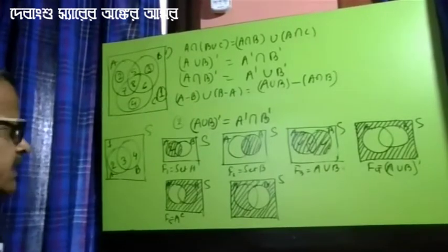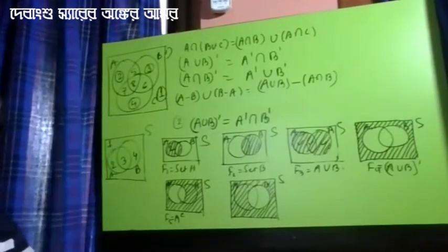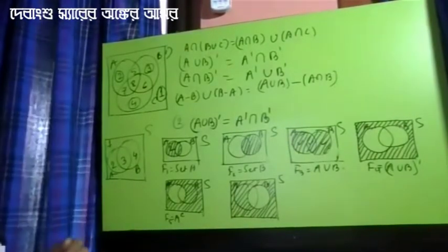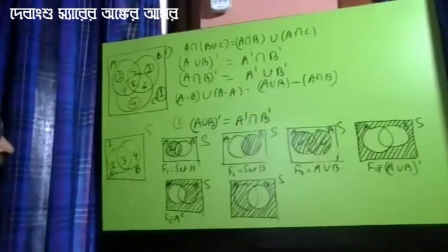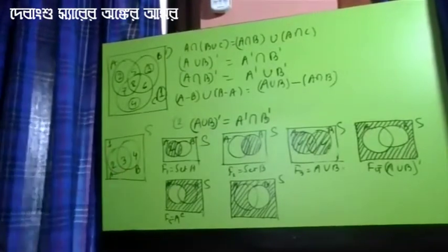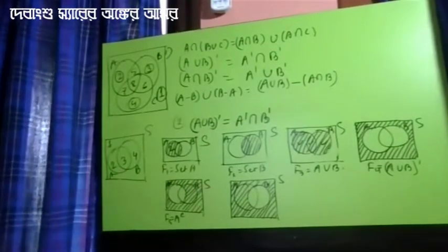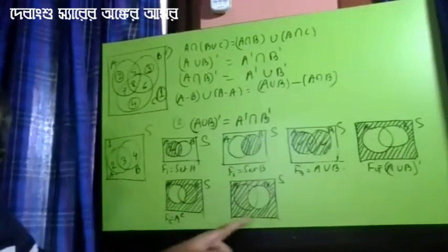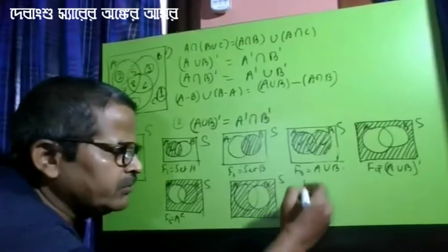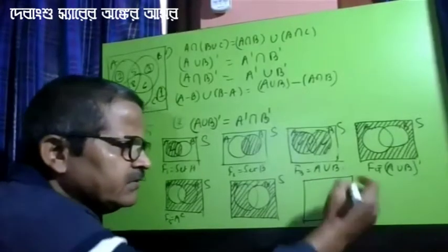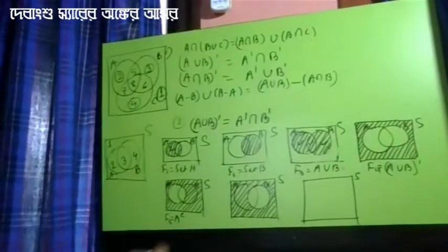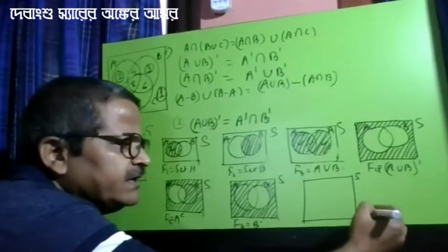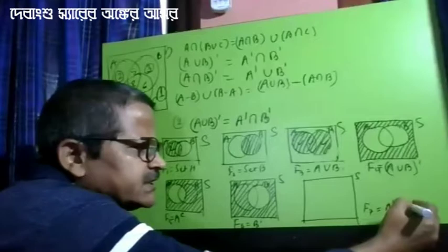Intersection means the portion, among 1, 2, 3, 4, which lies in both the diagrams. Now see, portion 1 is in this diagram and this diagram also, so portion 1 will be in my diagram. F6 is equal to B complement, F7 is equal to A complement intersection B complement.